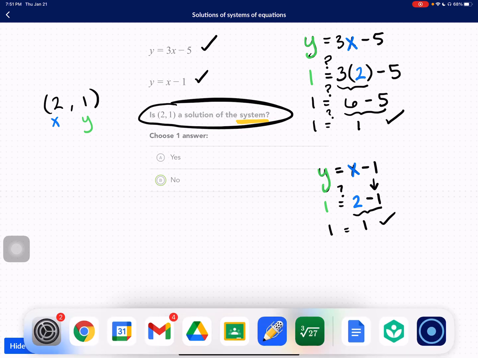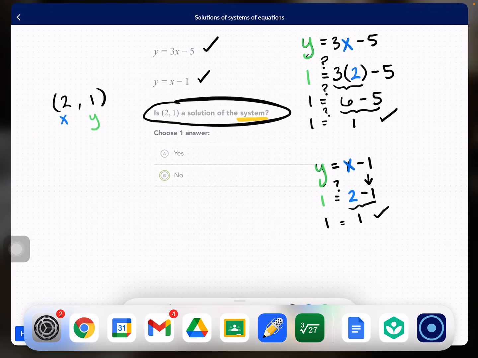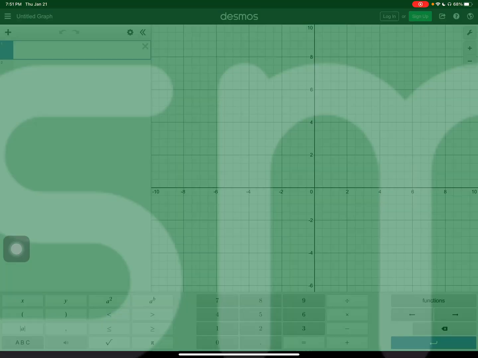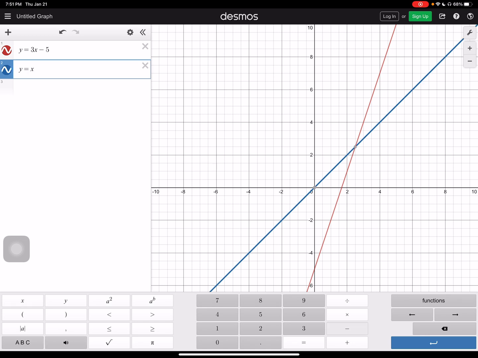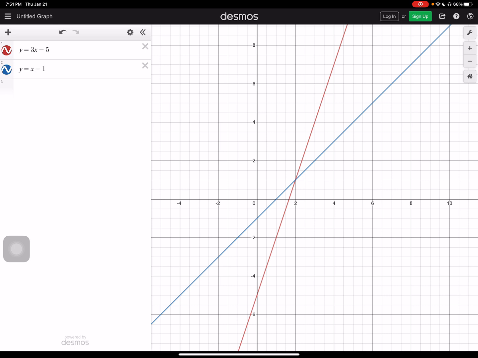Another thing you could do, you do want to know how to solve it the way I just showed you, but to double check your work, you can go to Desmos Graphing, and we can type in y equals, I think it was 3x minus 5. And then we can also type in y equals x minus 1. And what we want to do there is look to see what their solution is.